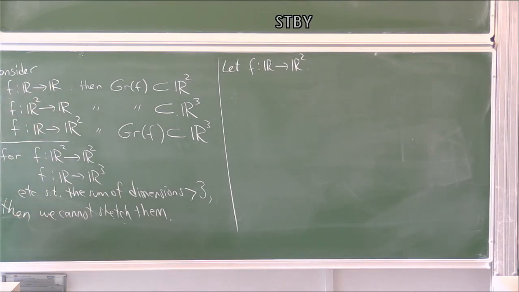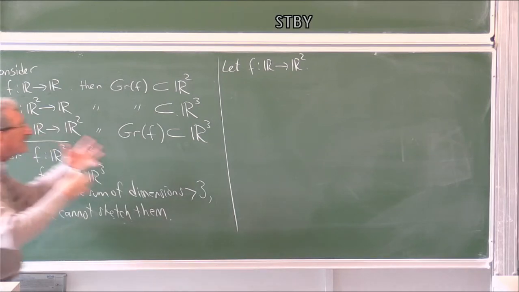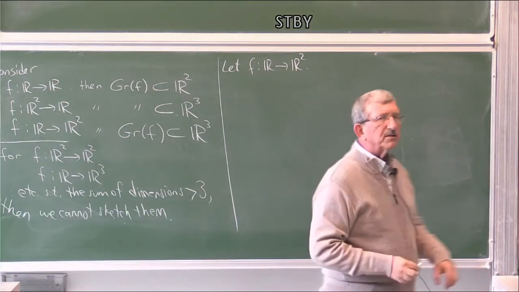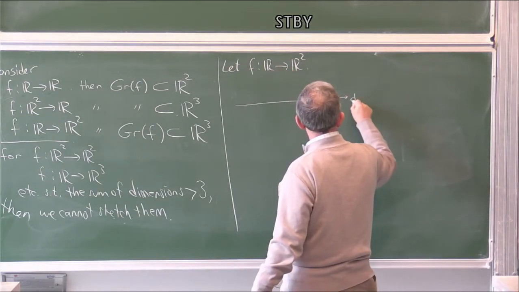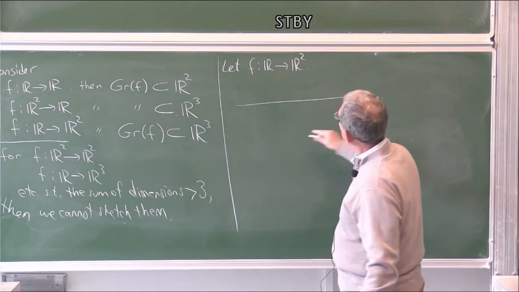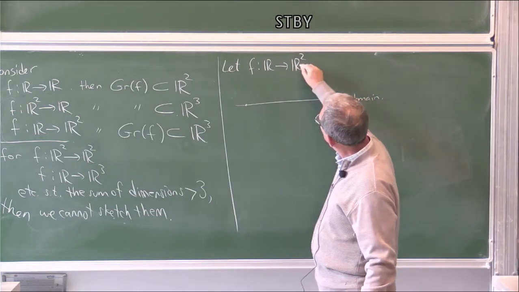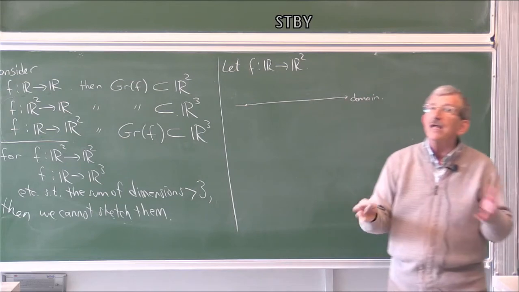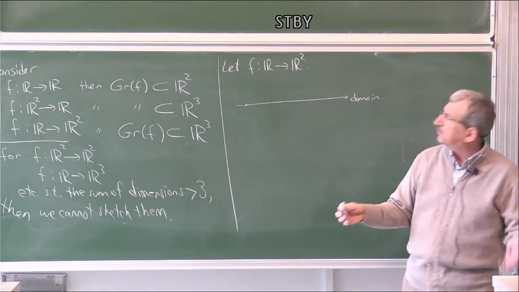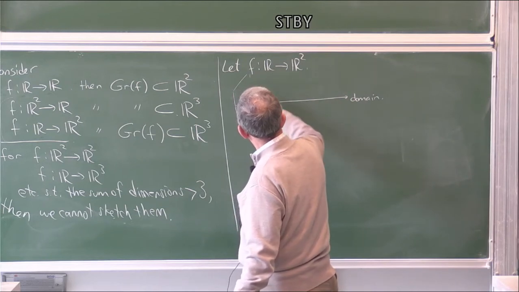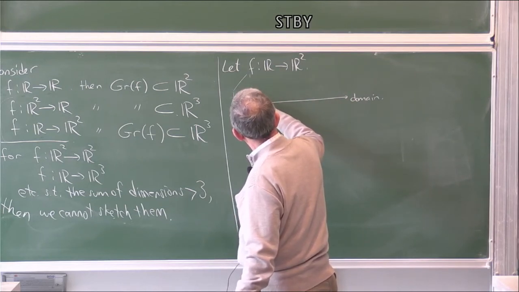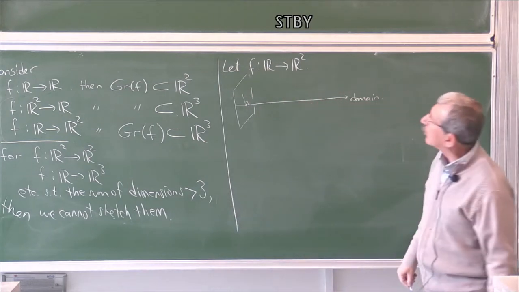We put them in a perpendicular way. We have x's and y's, and then we find x comma y. It's the same argument here, but it's a little bit tricky. We have a real line. This is the domain. And on it, we put a perpendicular plane. This is possible only if you put it in a perpendicular way like this.